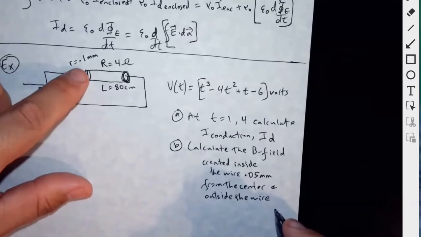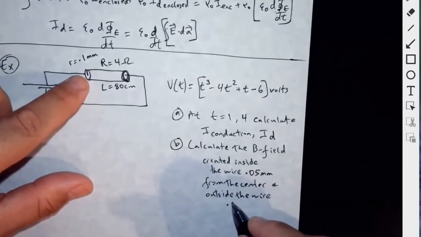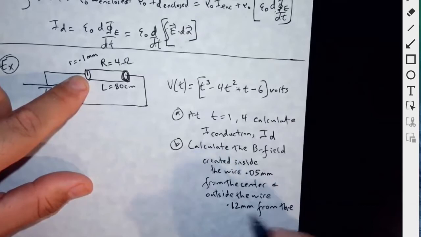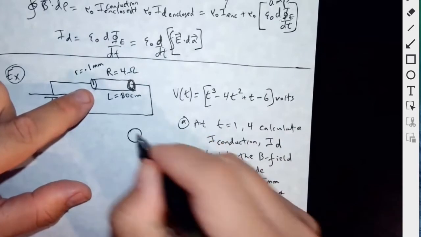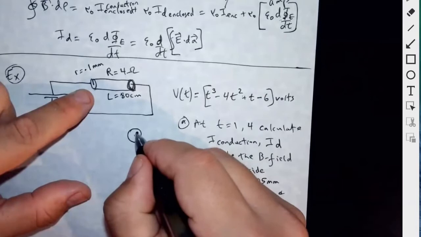So if the radius is 0.1, we could say outside the wire 0.12 millimeters from the center. So what we mean is, if this is the wire like this, 0.05 millimeters would be halfway to the edge.